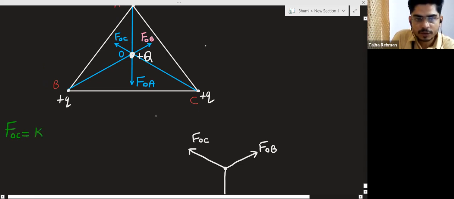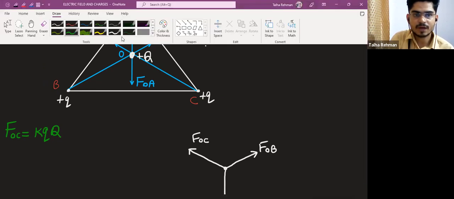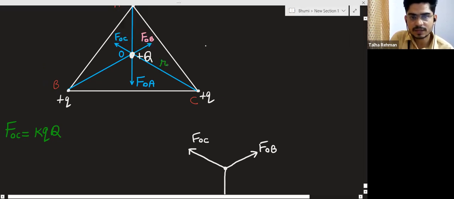Q1 is Q, Q2 is Q, and I am taking this distance as R. From C to O, the distance is R. This will become R square.